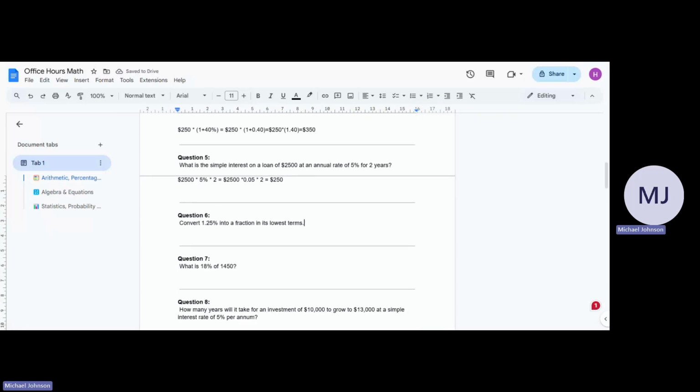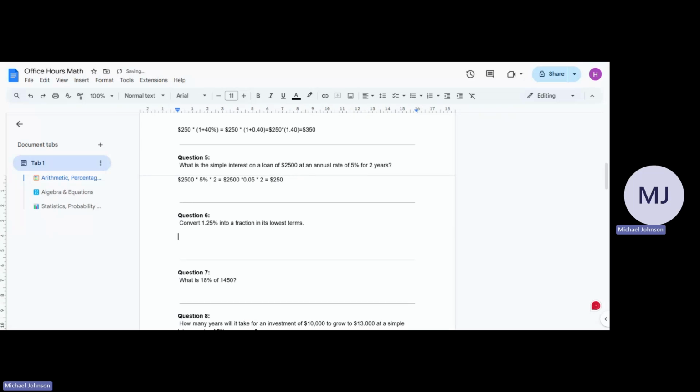And then convert 1.25% to a fraction in lowest terms. So 1.25% will be the same as 1.25 over 100, and that'd be 125 over 10,000, if we multiply the top by 100 and the bottom by 100.